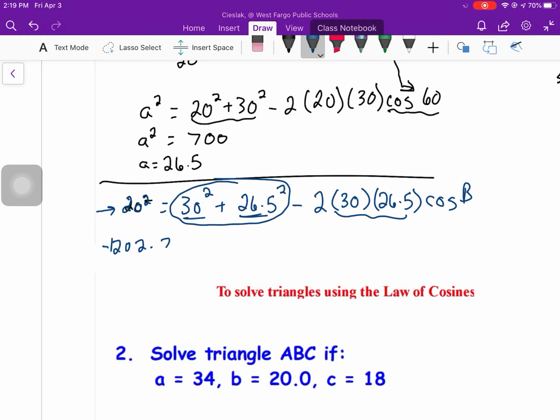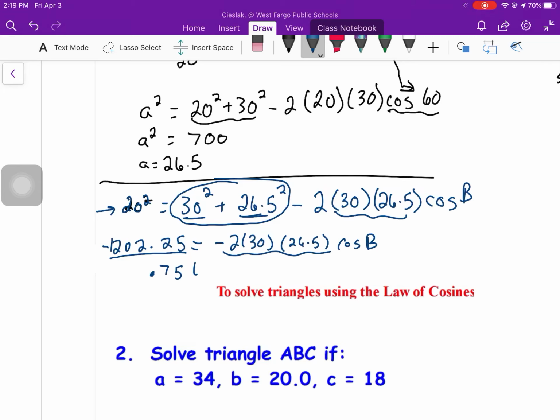So that is going to give me negative 1202.25 is equal to negative 2 times 30 times 26.5 times the cosine of B. I would multiply all of these together and then divide negative 1202.25 by that.